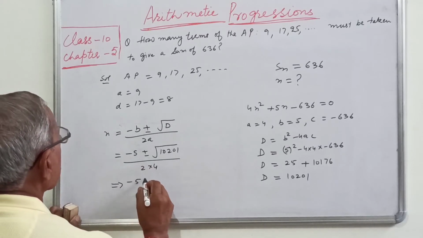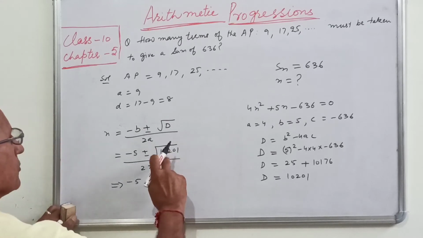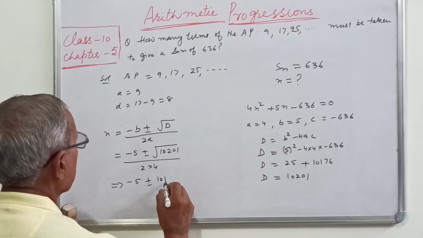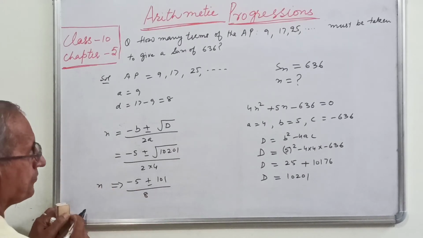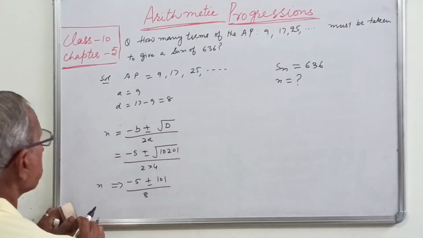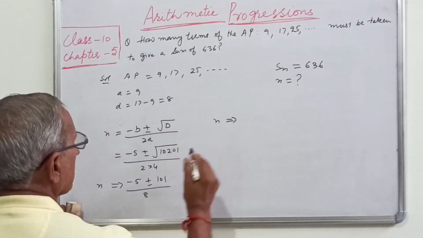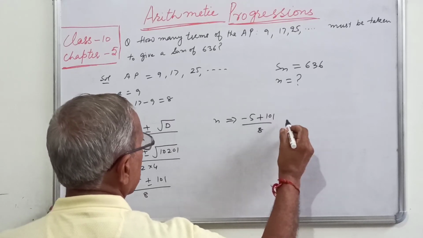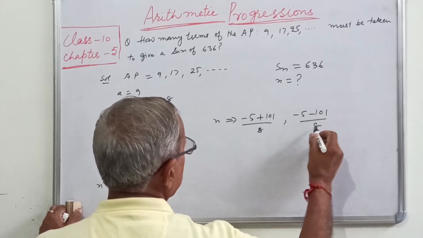So minus 5, अब इसको प्लस माइनस अंडर रूट ऑफ 10201 is 101 divided by 8. So ये बन गया माइनस 5 प्लस 101 डिवाइड बाई 8 और माइनस 5 माइनस 101 डिवाइड बाई 8.